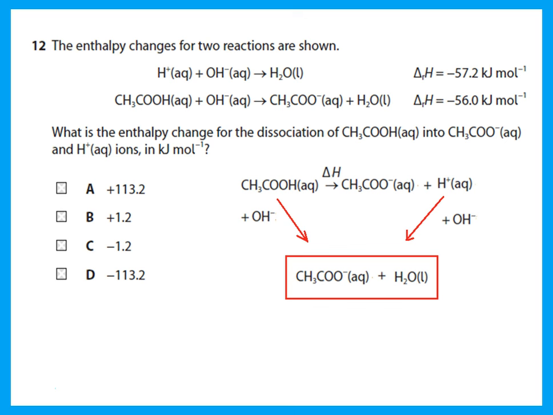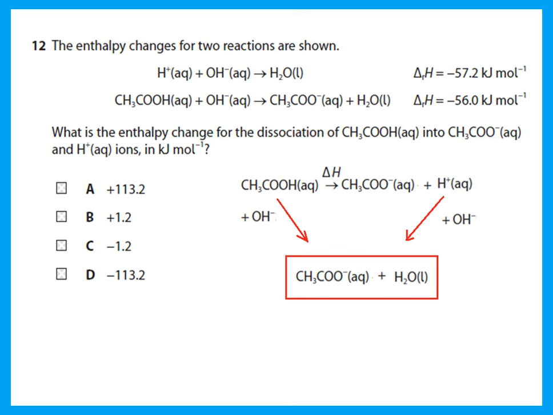So that is the delta H we're looking for. Now, the information that he gives me is if I react the H+ with OH- and the ethanoic acid with the OH-. So these products in the box below are the common products for both of them.